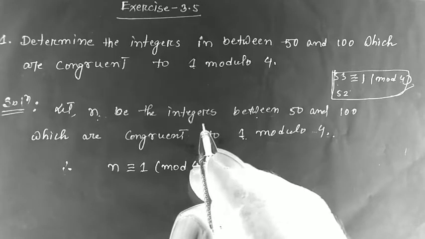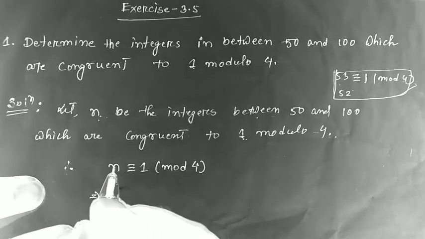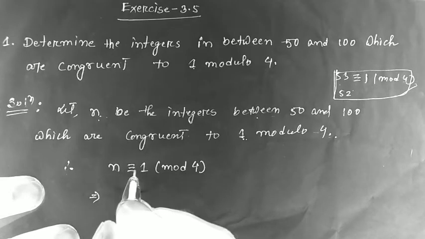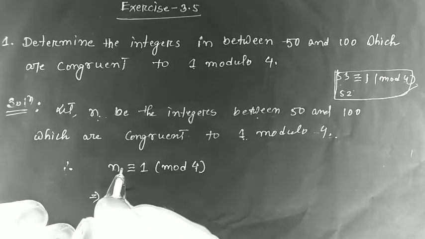From this line, what can we write? This line is nothing but n minus 1 is divisible by 4. That means 4 divides n minus 1.